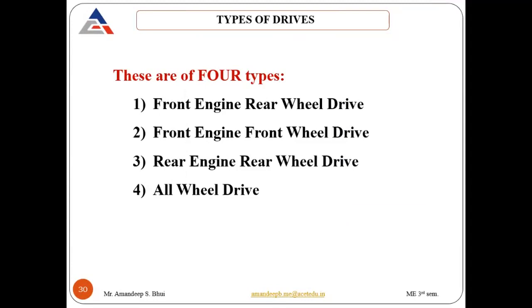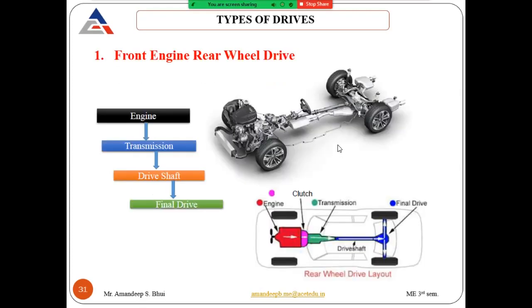It is your front engine rear wheel drive, front engine front wheel drive, rear engine rear wheel drive, and the fourth is your all wheel drive. Now first configuration is your front engine rear wheel drive.